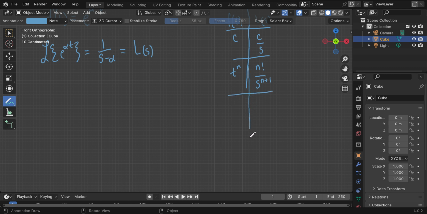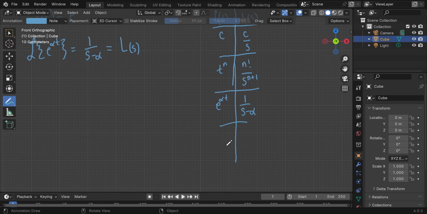We know that given some e to the alpha t, we're going to get 1 over s minus alpha, and there's the trig ones.